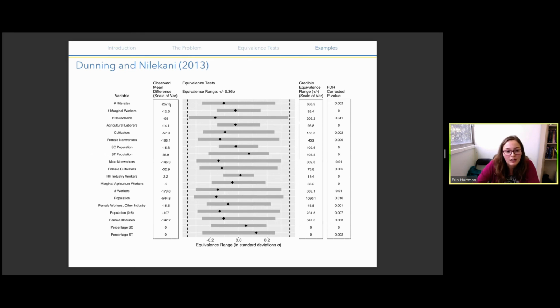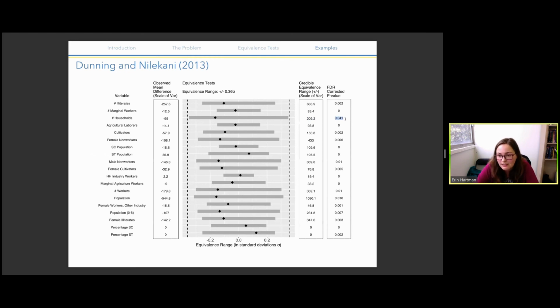So for number of households, there are 99 fewer households in the treatment group. We could have supported an equivalence range as small as 210 households. And then finally, we show the false discovery rate adjusted p-values, since we've conducted so many tests. We see that all of our p-values are below our nominal level, 0.05.